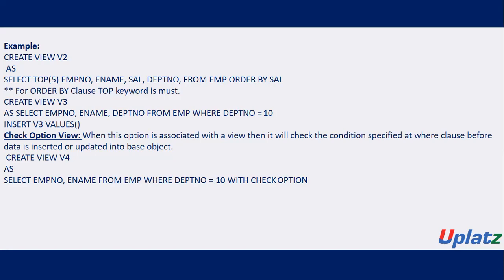It will check the base table, the original employee table, to see whether the records belong to department number 10. Then it will fetch the employee details specified in the query, that is employee number and employee name, from the employee table, and then it will create the new view called V4. So this is how we use a check option view in the query for creating a view.